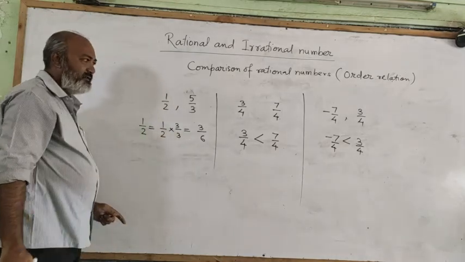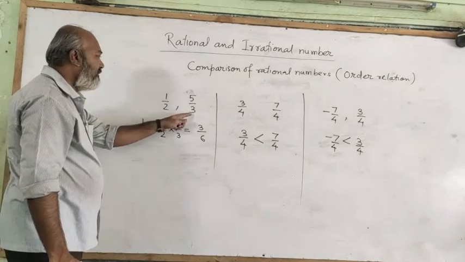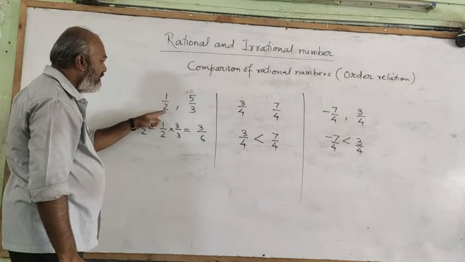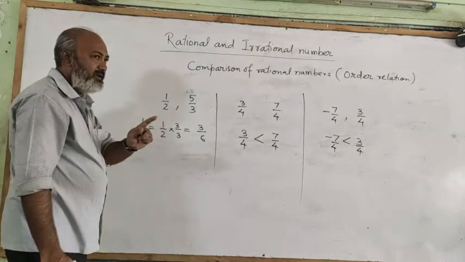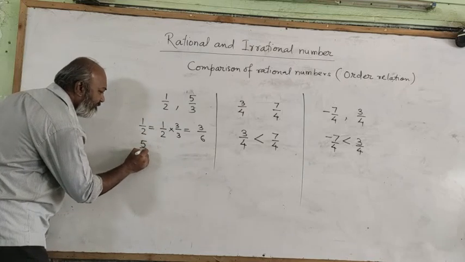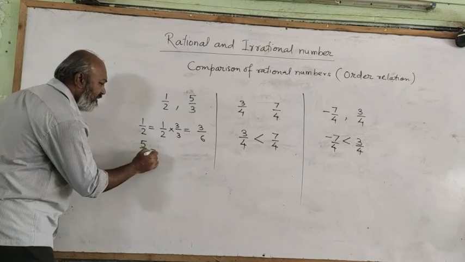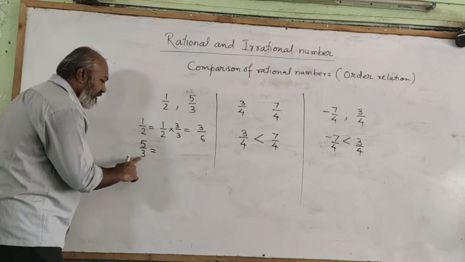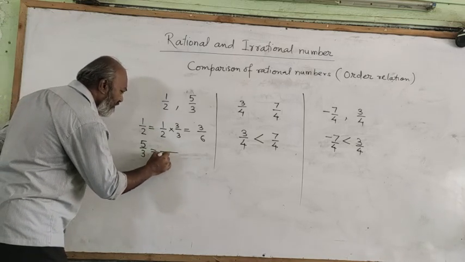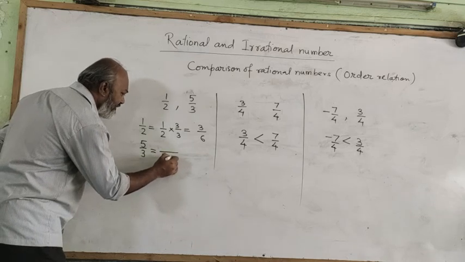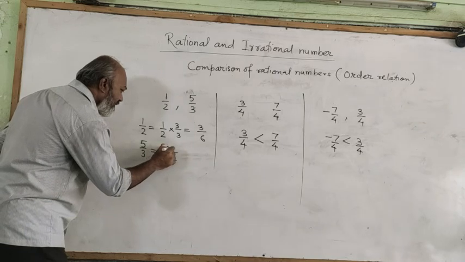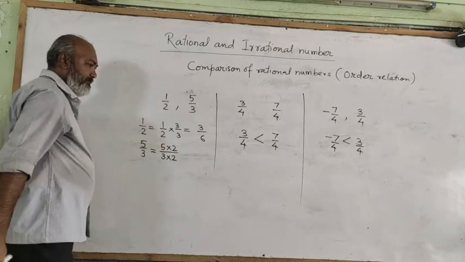Why 6? Because the LCM of 2 and 3 is 6. So we are going to make each denominator 6. The second number is 5 by 3. These 3 can be made 6 by multiplying by 2. So we cannot multiply only the denominator. We have to multiply the numerator as well.